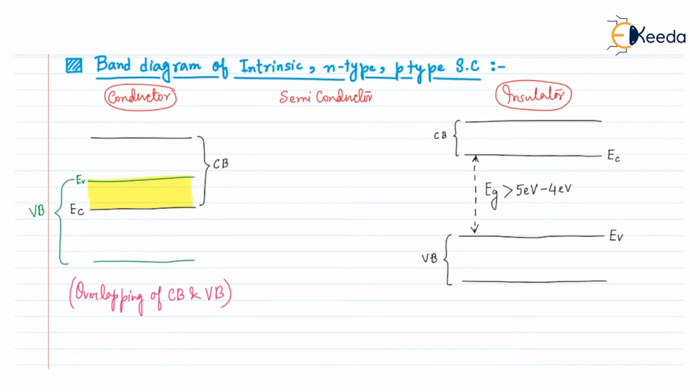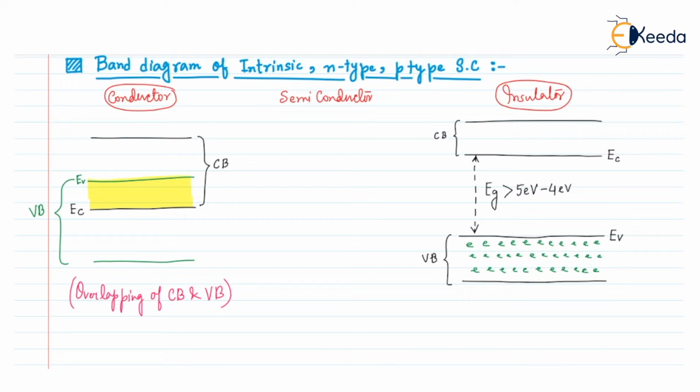So we can see that the energy gap between the conduction band and the valence band of an insulator is very high, greater than 5 electron volt to 4 electron volt, and all the valence electrons will be residing inside the valence band in this way. That's why there will be no free electrons inside the conduction band.